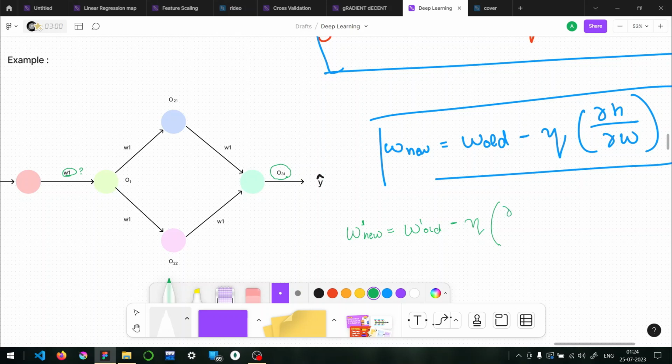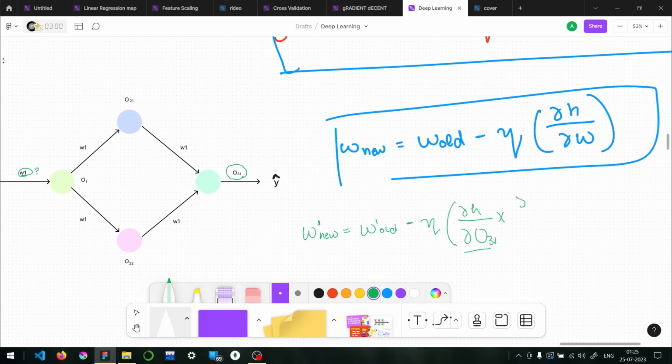That means the partial derivative of the loss function with respect to the output O31. Then we know O31 came here and we have to cancel that out, right? So here we will take the partial derivative of O31 for sure. Then after that, tell me, what other output does this depend on?